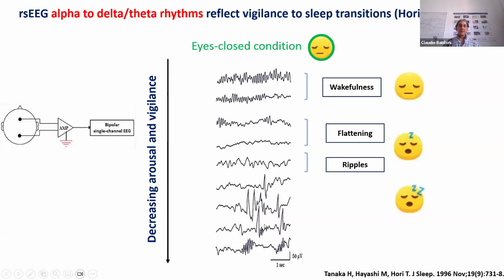And so the K-complexes and spindles of EEG are very clear manifestations of non-rapid eye movement sleep.